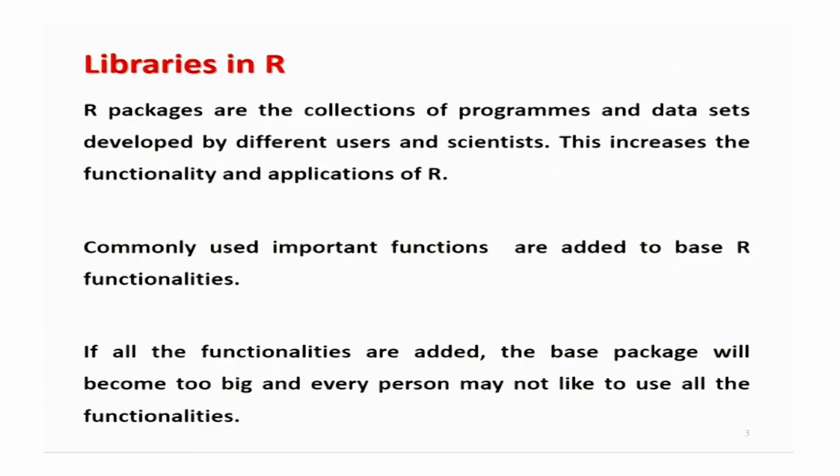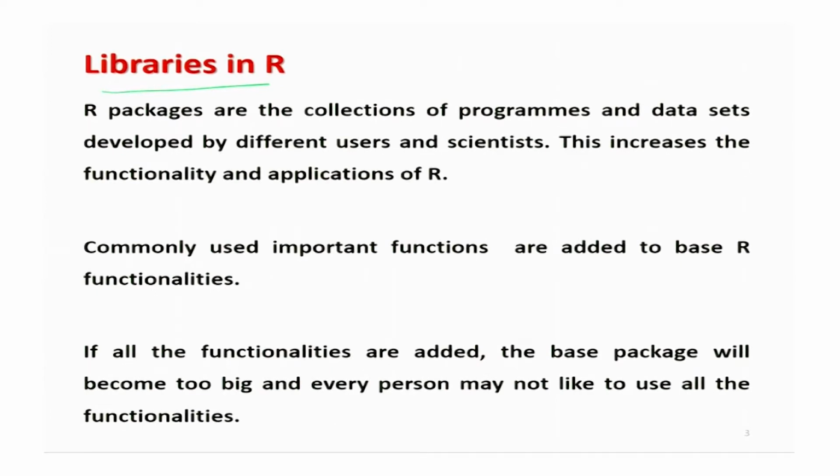Now similar is the concept in the R software also, that there are libraries in R also. And while understanding it, if you keep in mind the usual process of a physical library, then possibly it will be very easy for you to understand the concept of library and packages in the R software.